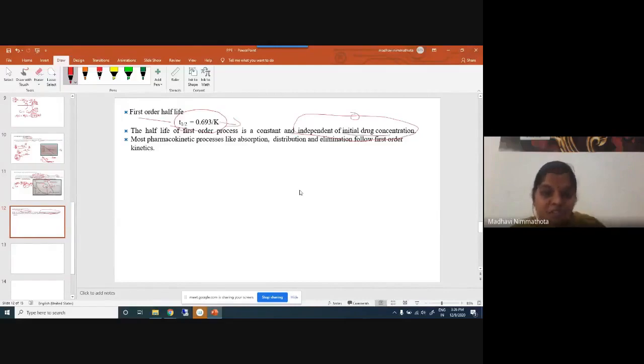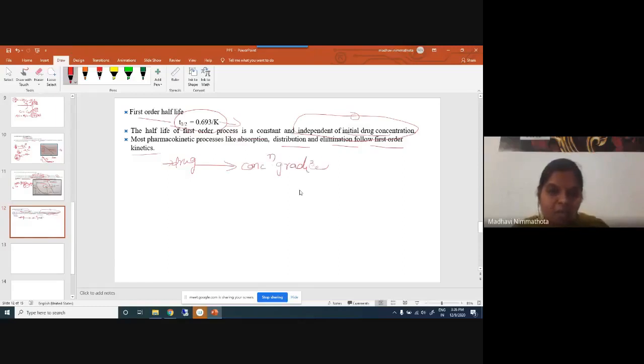Most of the pharmacokinetic processes like absorption, distribution, elimination will follow first order kinetics. Why do these ADME processes follow first order kinetics? See, if you take any type of drug, it will travel in our body according to its concentration gradient, right?